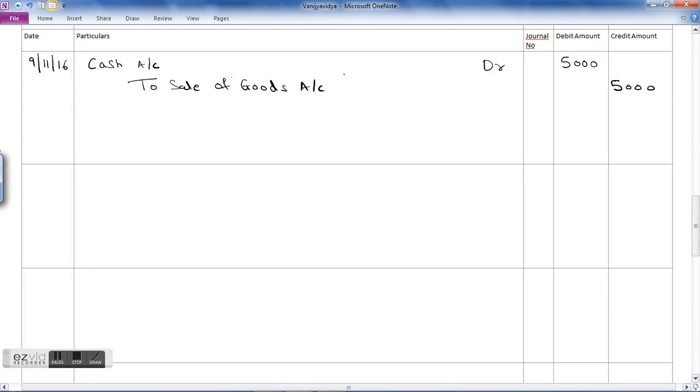And what is the journal number? Journal number is 12. So being wheat flour sold to Padmashri for cash. Okay, this is a narration.